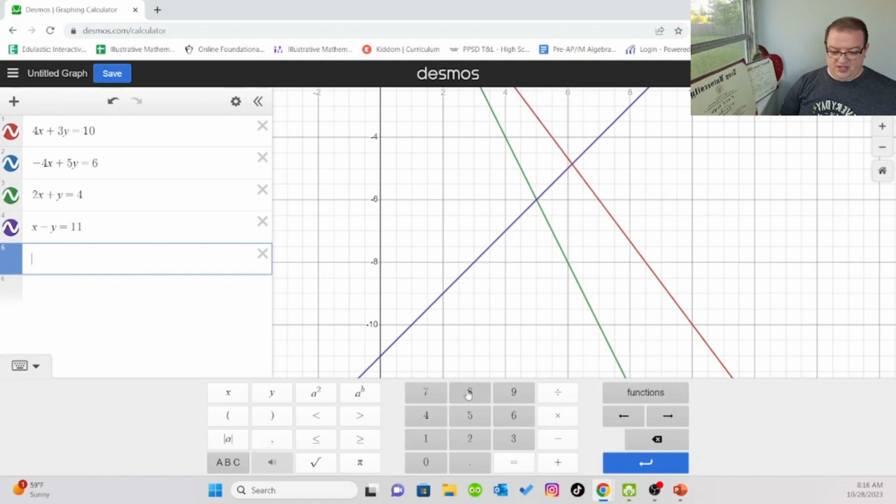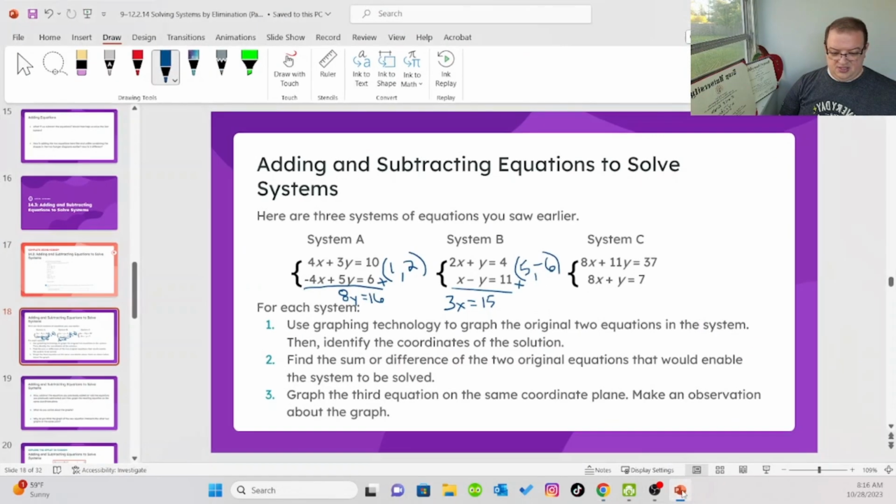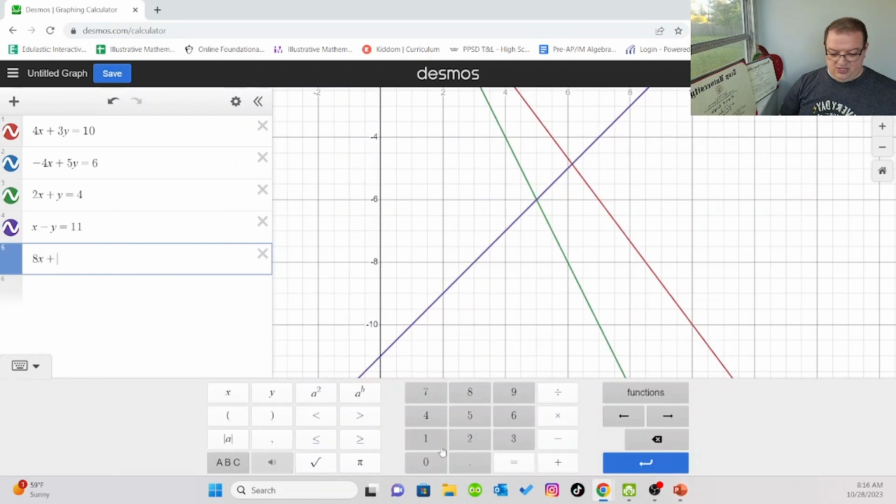Get a new line here. 8x plus 11y equals 37. So this is the black line. Every single point on the black line makes that top equation true.